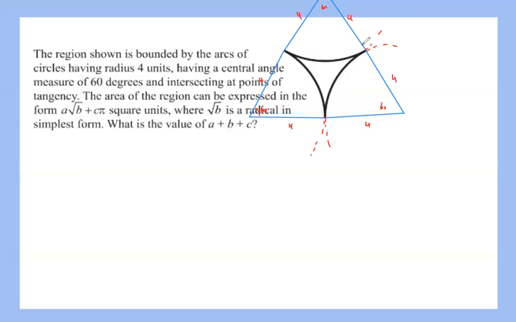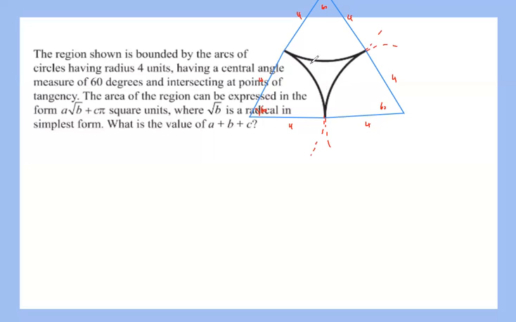If this is the tangent point, when you draw the tangent line, it should be perpendicular to the radii. So the angle will be 90 and the angle will be 90, which forces this radius and this radius to be collinear, on the same line. The same reasoning applies to all other sides, which is why this is going to be an equilateral triangle.